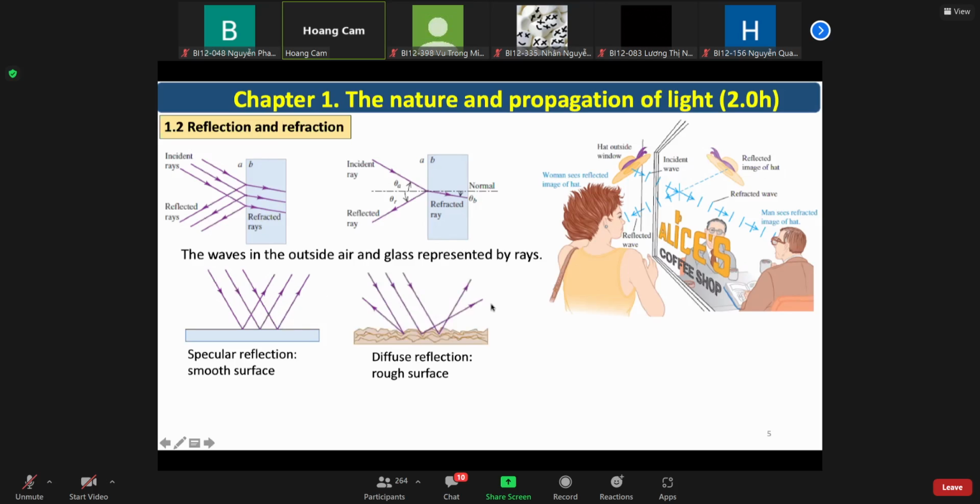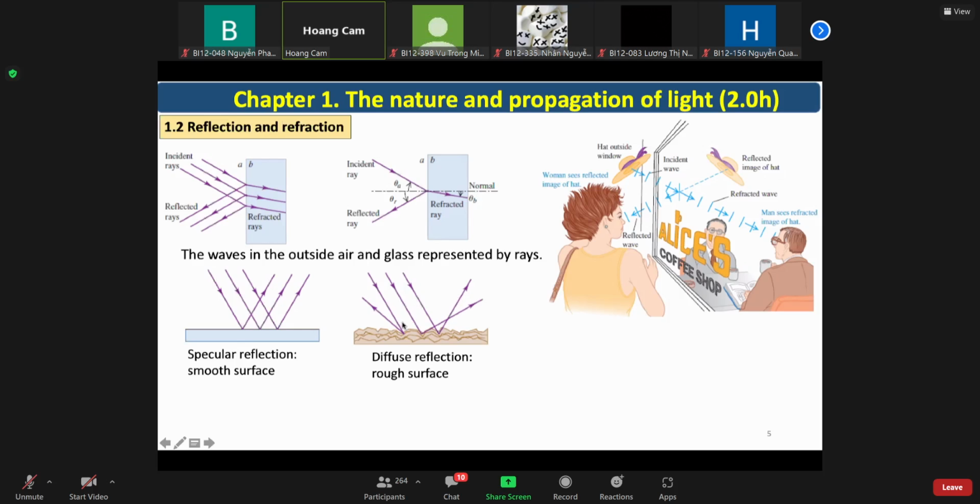However, what is more common in real life is that the surface is not totally smooth, but rough. How we can observe the objects surrounding us is that light from the source comes to the surface of the object and is reflected to our eyes, and then we can capture that kind of object surrounding us.